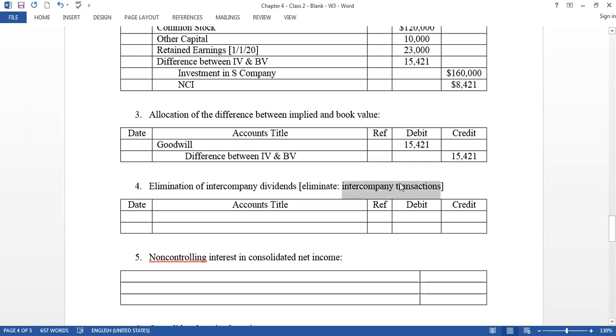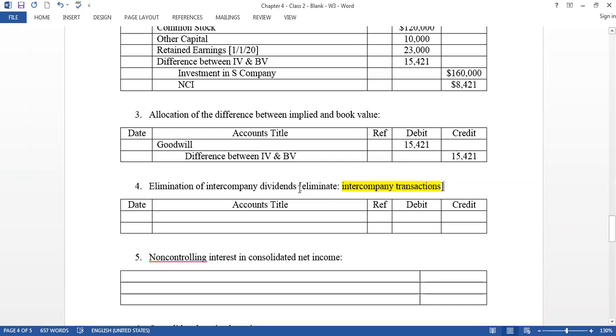If there is any transaction between parent company and subsidiary company internally, we have to eliminate them. Do you understand? Because we are doing consolidated financial statements, we are going to add P and S together. The parent company's and subsidiary company's balances are going to be added together, right? So if there is any intercompany transaction between them, we have to eliminate them.